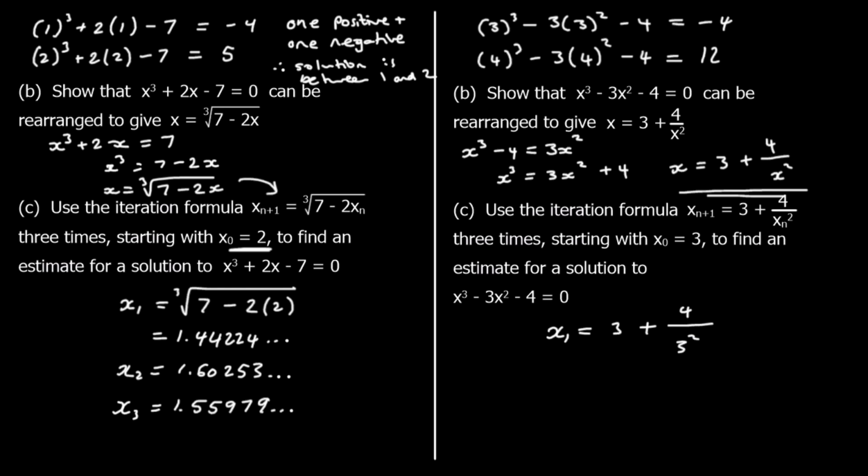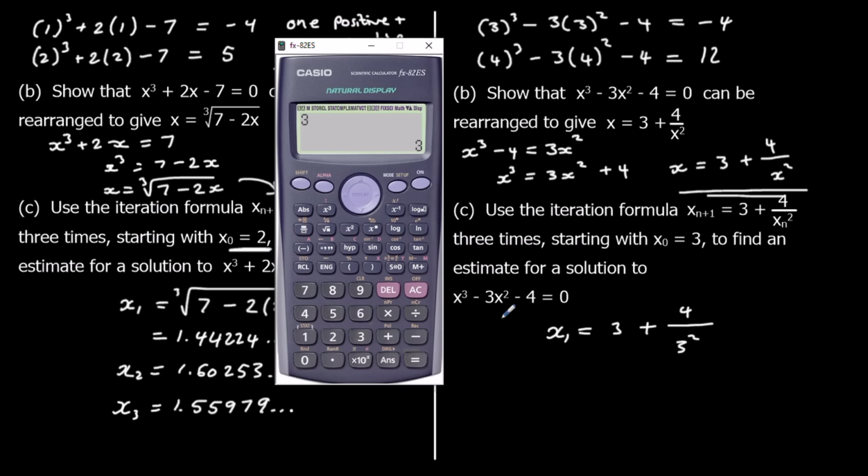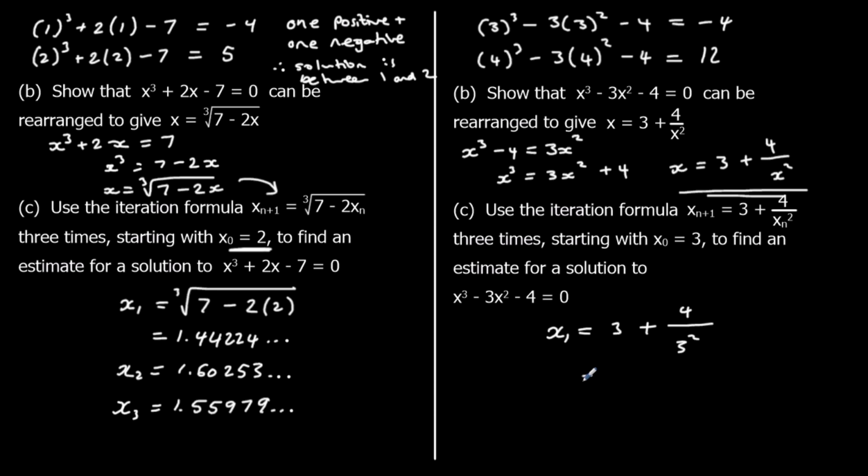But again, I'm going to use my ANS button, and I'm just going to type it in. So 3 plus 4 over answer squared. So I've got 3.4 recurring for x1.